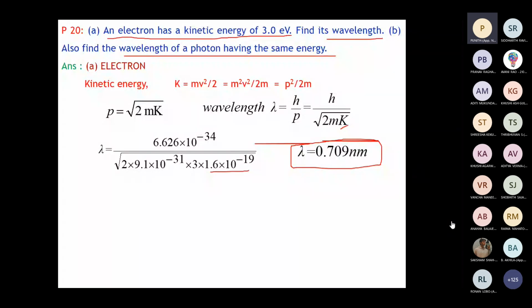So now for the photon, what he's telling is, you also determine the wavelength of the photon. Suppose it has the same energy, what would be the wavelength of the photon?